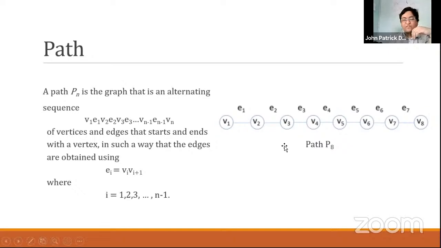A path P sub n is the graph that is an alternating sequence V sub 1, E sub 1, V sub 2, E sub 2 up to V sub n of vertices and edges that starts and ends with a vertex, in such a way that the edges are obtained using E sub i is equal to V sub i V sub i plus 1, where i is equal to 1, 2, 3 up to n minus 1. In this example, we see P sub 8, and we notice that the vertices and edges alternate.